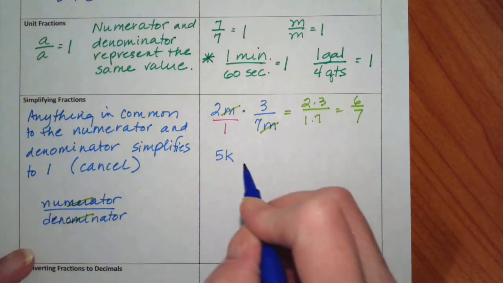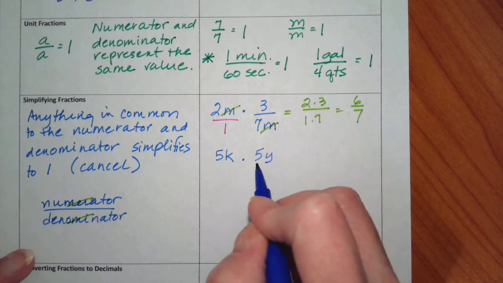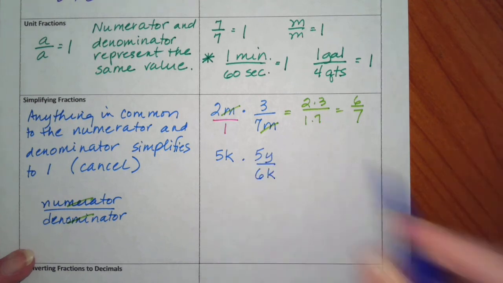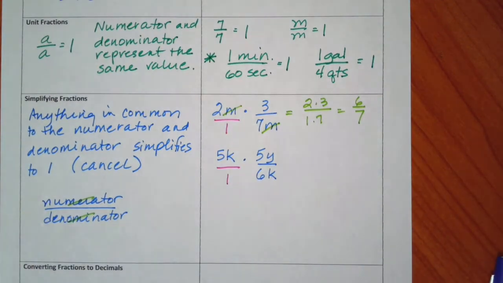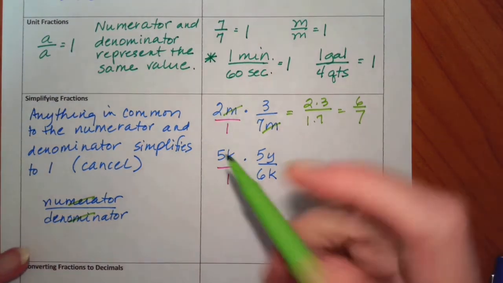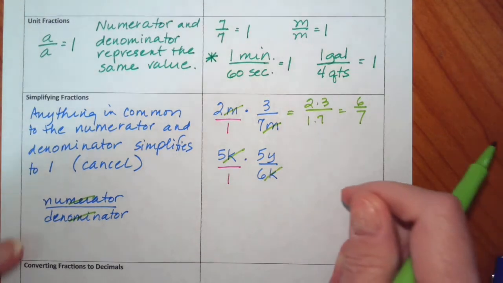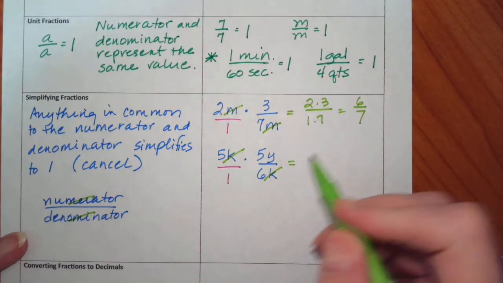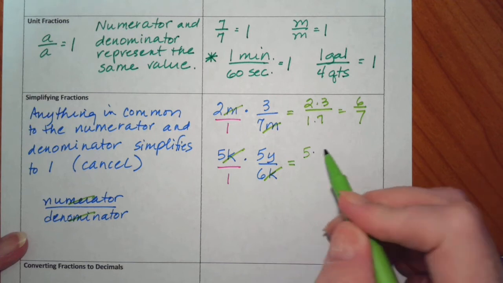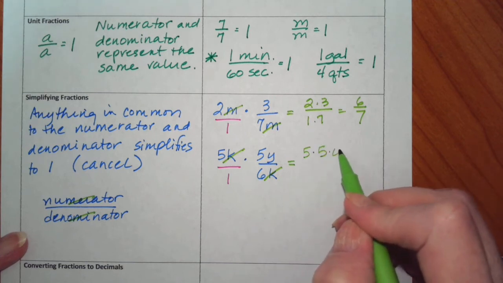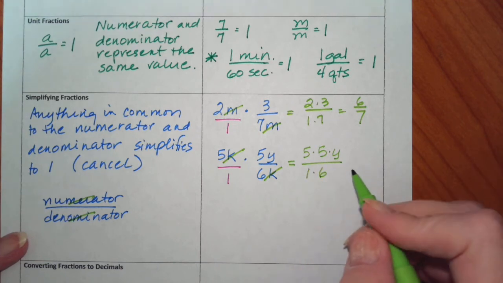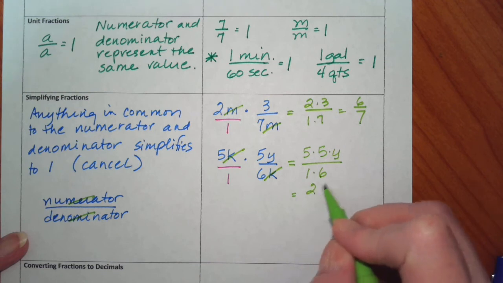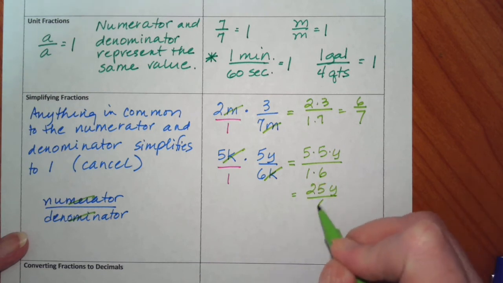If I have 5k times 5y divided by 6k, of course, I take that and put it as a fraction. I'm multiplying, so I have to have a denominator. The k's are the same, so they cancel out. So what I'm left with is 5 times 5 times y divided by 1 times 6, which gives me 25y divided by 6.